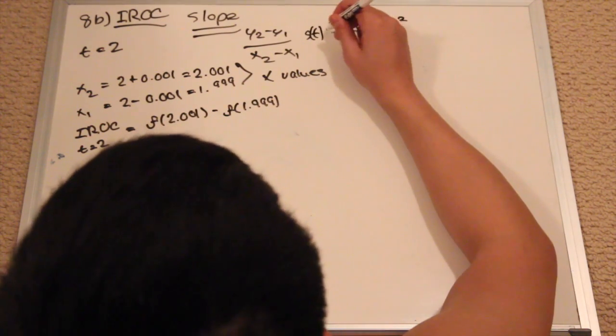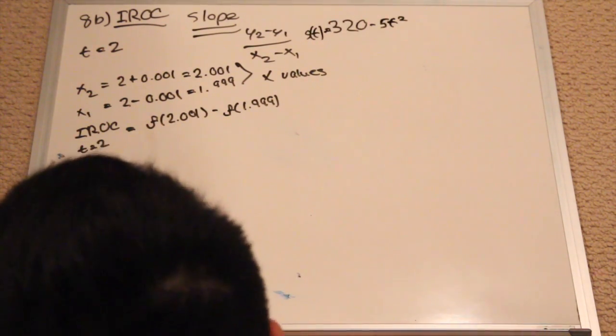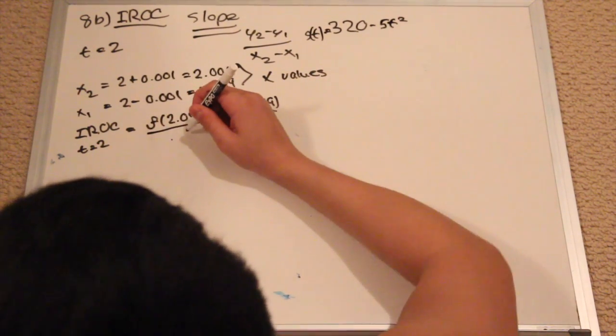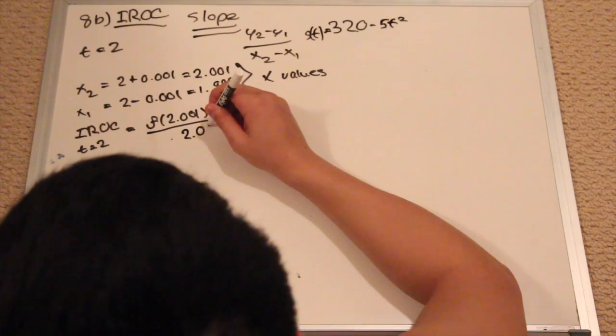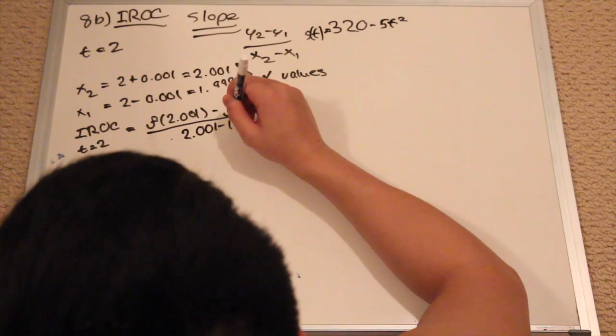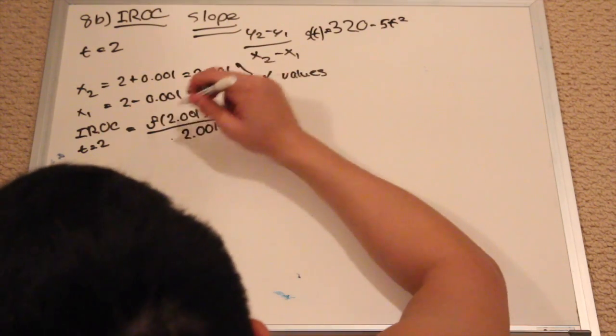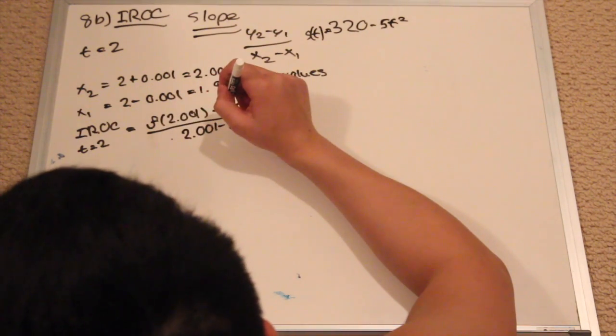It'll come in handy a lot. Alright, so which is over x2 minus x1, so 2.001 minus 1.999. So this is our y values up top right here, what we have to find.